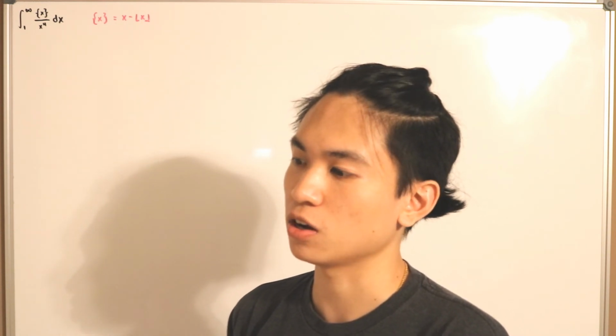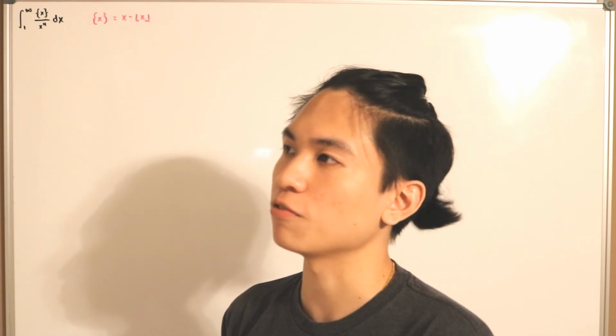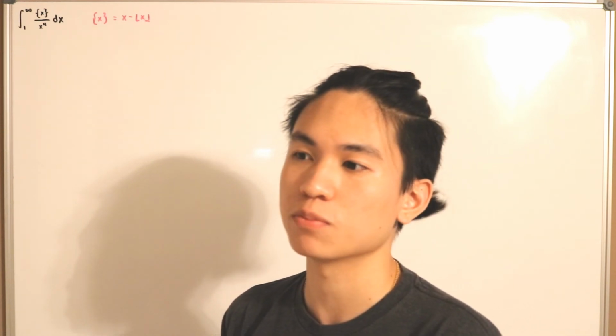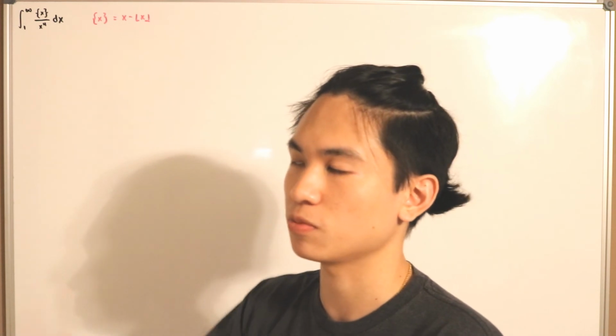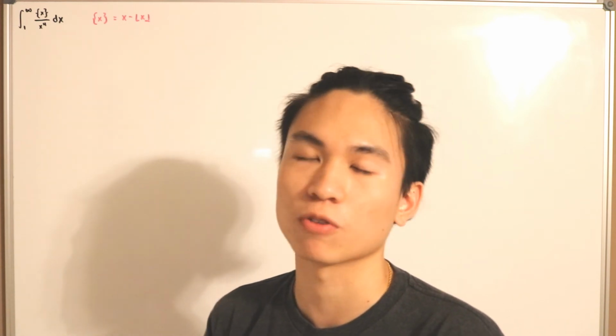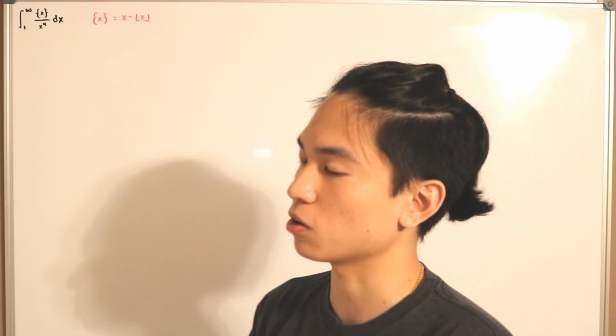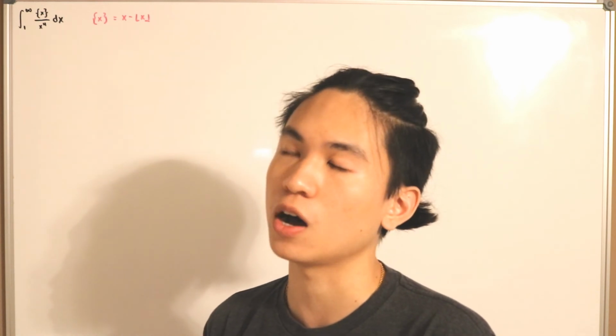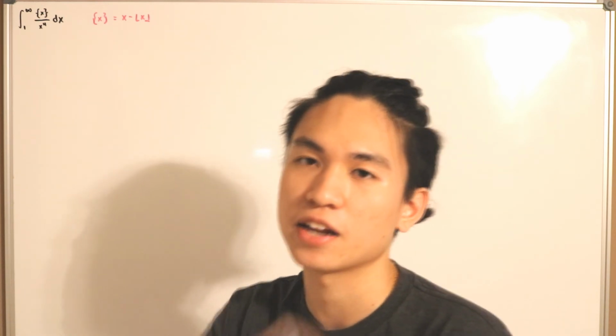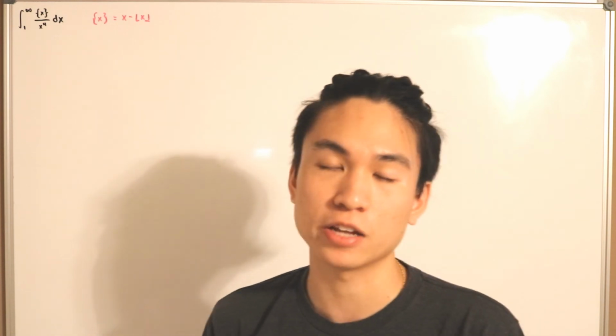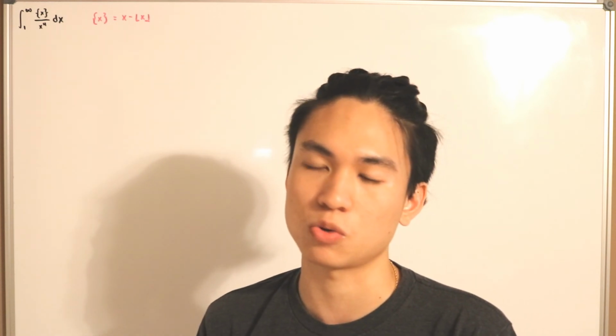If I have the floor of negative 14.152, some sort of decimal, the floor of that is negative 15. Or another one, if I have the floor of 3.99999 repeating, its floor function is equal to 3.